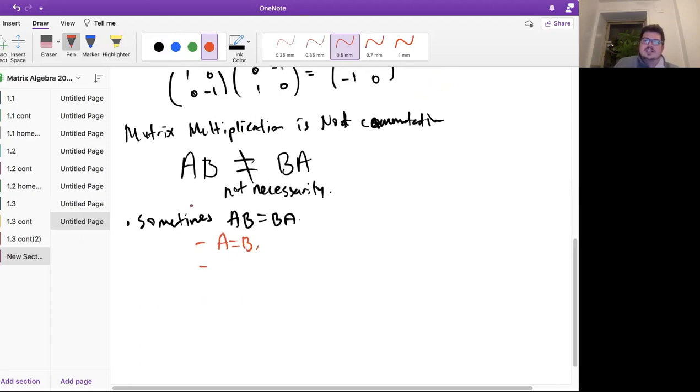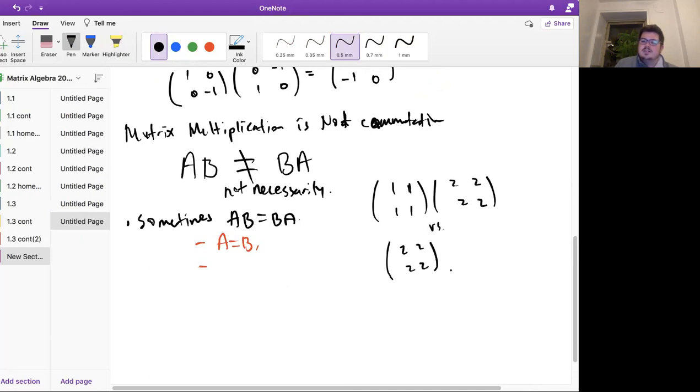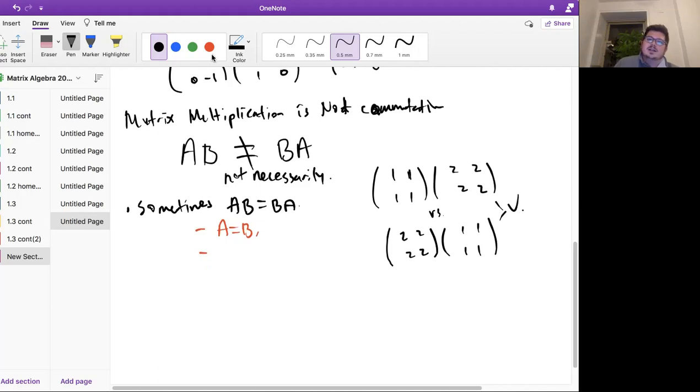You said where everything is the same number. What do you mean by that? So like 1, 1, 1, 1, and like 2, 2, 2, 2. I would say those are the same. Another way of saying that is if maybe B is equal to a scalar times A.